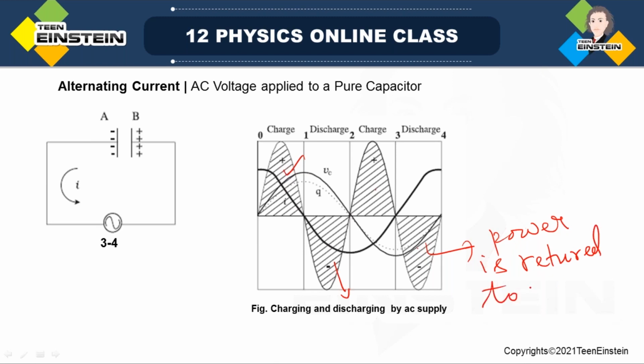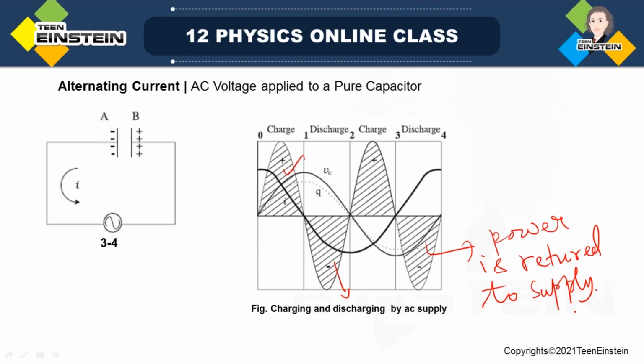Okay, so this is how, because of this charging and discharging, once it is charging, another quarter it is discharging. Because of this, it is absorbing power and again returning it back to the supply.